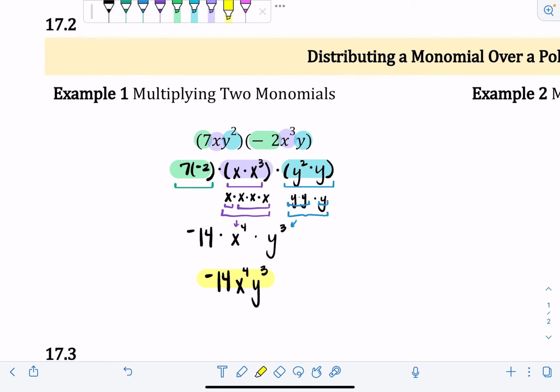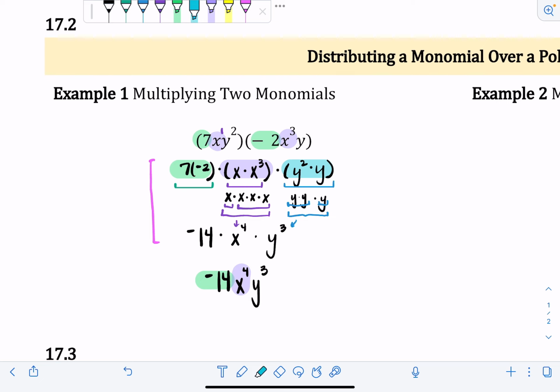Of course, if you get comfortable with these types of problems, you don't necessarily have to do this entire process. I'll show you a quick shortcut of how we got from our original problem to the final answer. My constants are 7 and -2. If I multiply those together, I get -14. For my x's, x times x cubed would give me x to the fourth, because I would add 1 plus 3 to get 4.